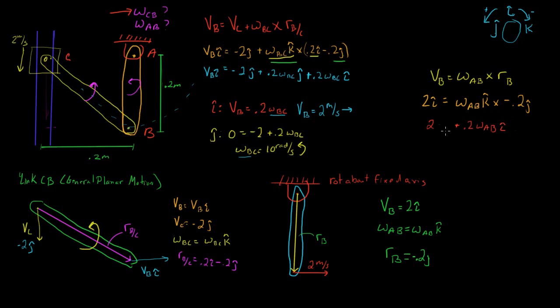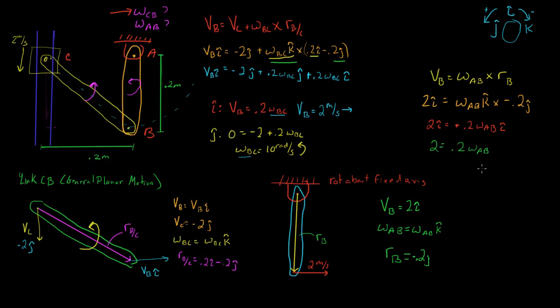And we have 2i is equal to 0.2 omega AB. Now, we only have i components, so we can just equate them to each other. We have 2, which is equal to 0.2 omega AB.